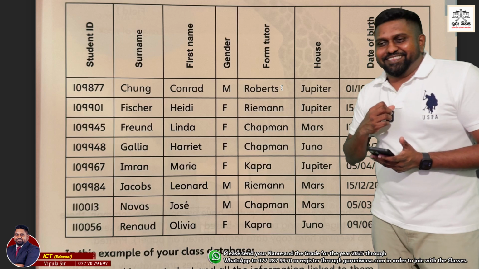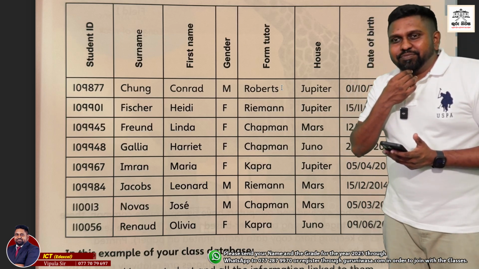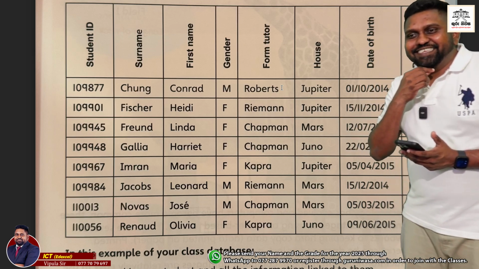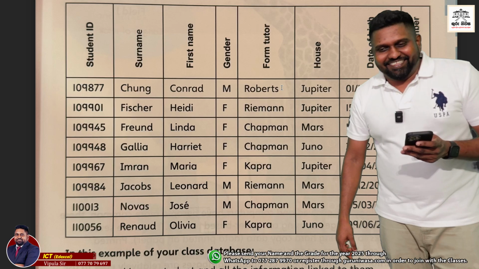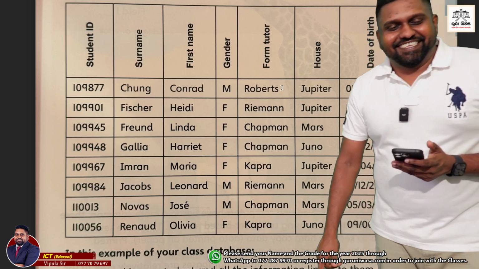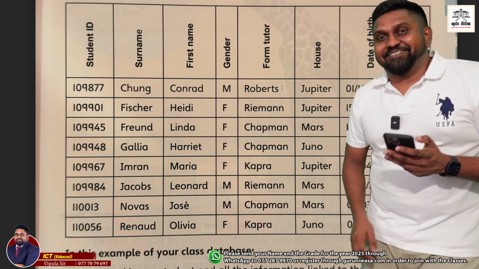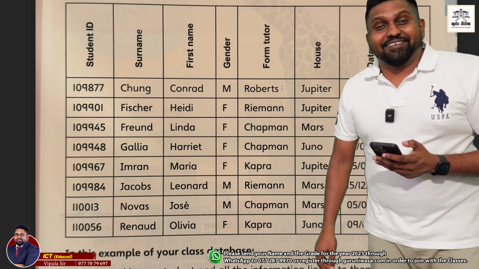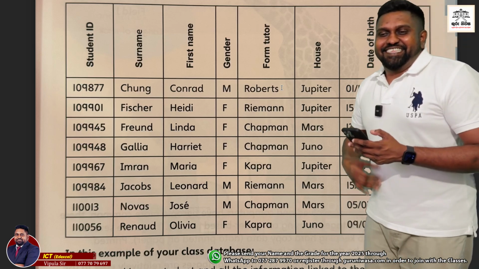What are the names? Ruby, Diamond, and what's the third one? Can't remember. Okay, what was your house? Diamond.